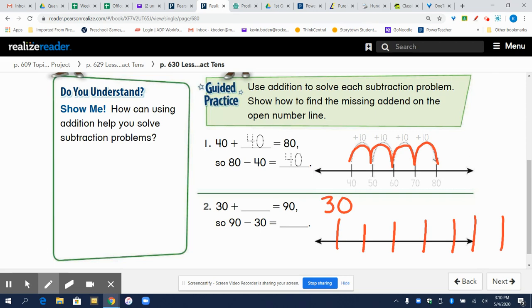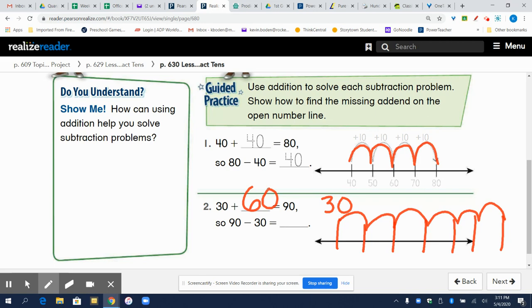How many more tens did we count on? Well, we counted on 1 ten, 2, 3, 4, 5, 6 tens. So that means 6 tens is the same as, hey, that's pretty good. That's right, 60. So 30 plus 60 equals 90, or 3 plus 6 equals 9.